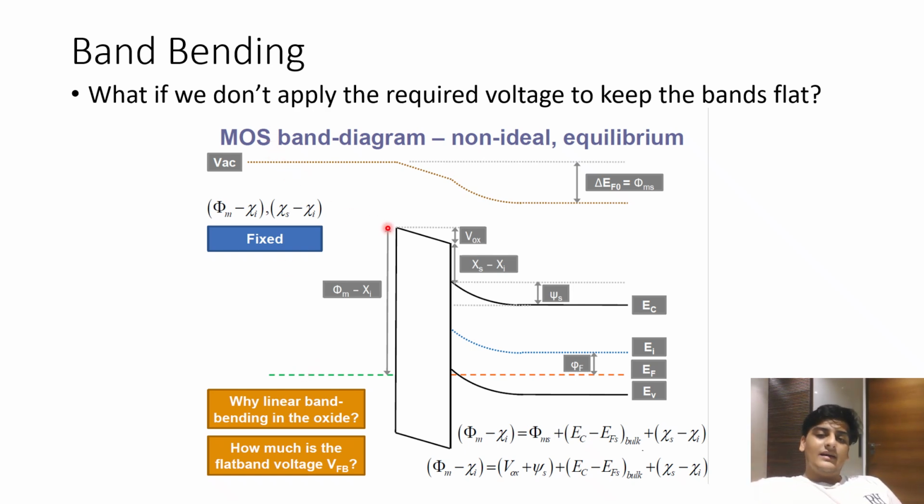The rightmost extreme is going to look purely like a semiconductor. This is the precise band diagram of a p-type semiconductor. Now, what I want you to notice here is that we are talking about a non-ideal MOS device, which means that phi m and phi s are unequal.